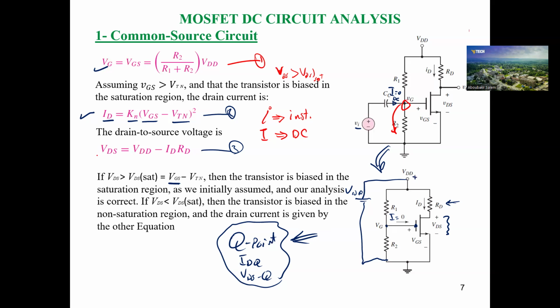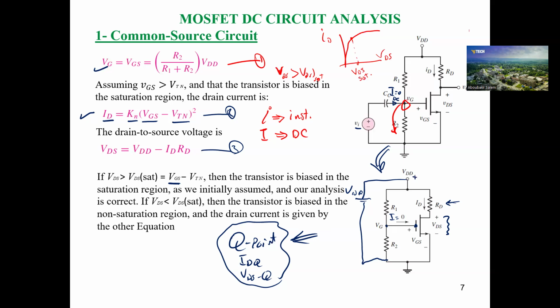If the V drain to source you calculated is greater than the VDS saturation, which means in our characteristic, this is our characteristic like that, and this is the transition between linear and saturation, this is ID, and this is VDS, so this is the value of VDS saturation.